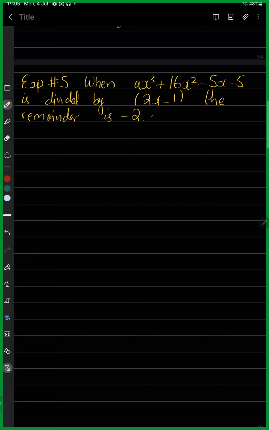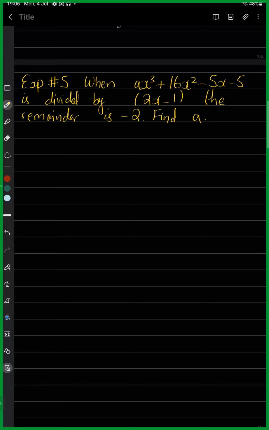So it says find a. The polynomial is ax cubed plus 16x squared minus 5x minus 5. When this is divided by 2x minus 1, the remainder is minus 2, find a.